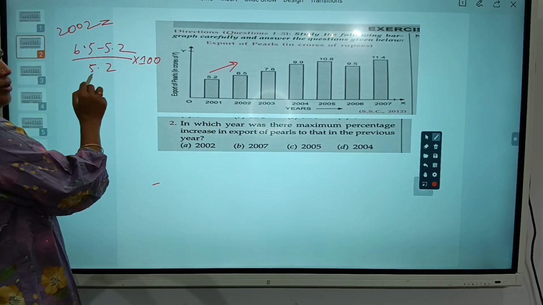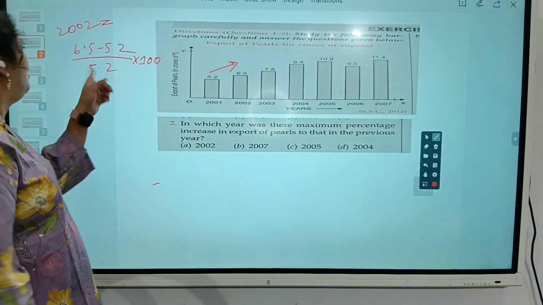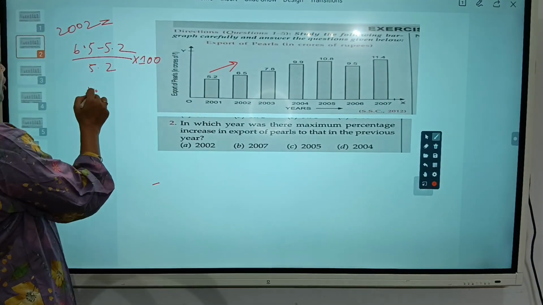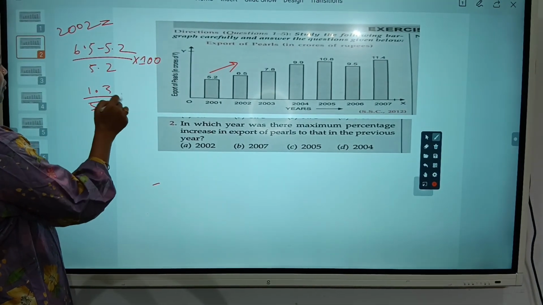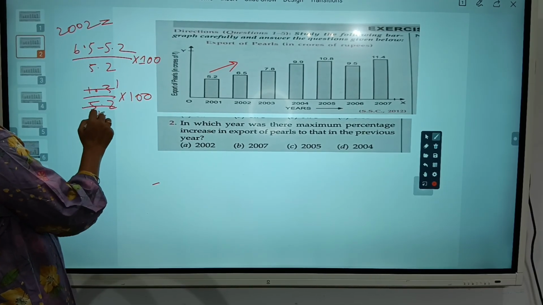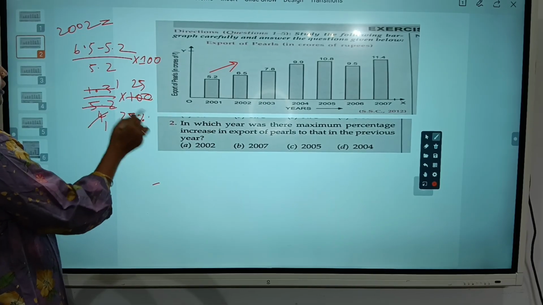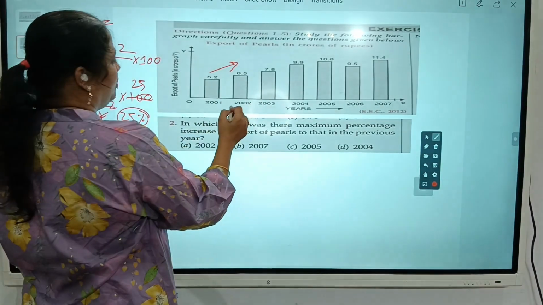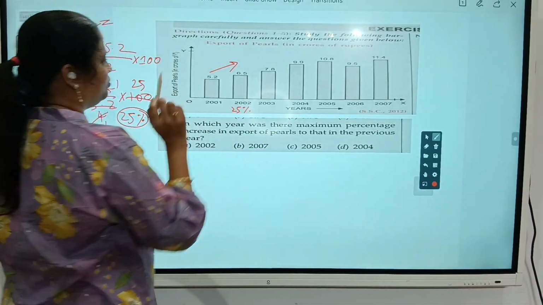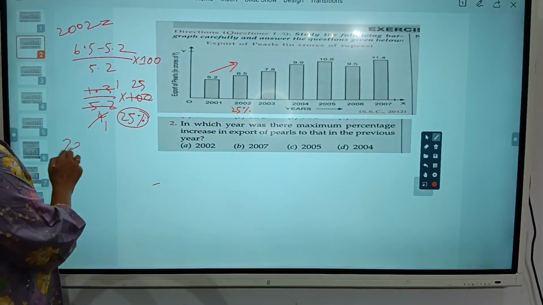We take the lower value in the denominator. So 1.3 by 5.2 into 100%. 13 ones are 13, 4 ones are 4, 25. So it is an increase of 25% in the year 2002.